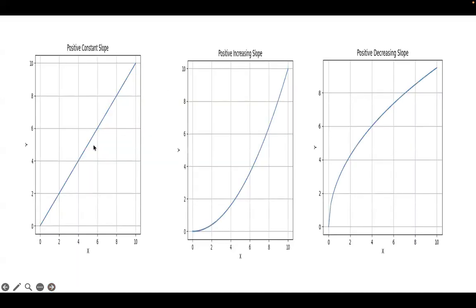So when the slope is constant, we say that we have a positive constant slope. And when the slope is at an increasing rate, we say that we have a positive increasing slope. And when the slope is at a decreasing rate, you say that we have a positive decreasing slope.